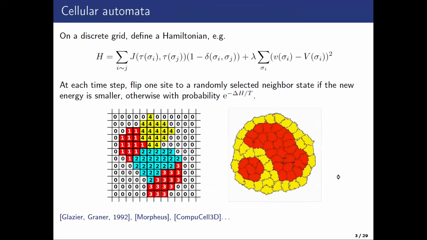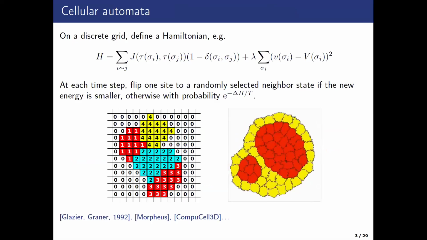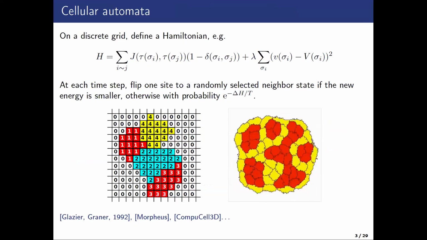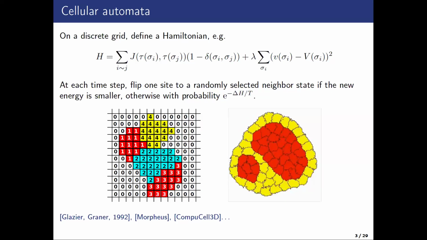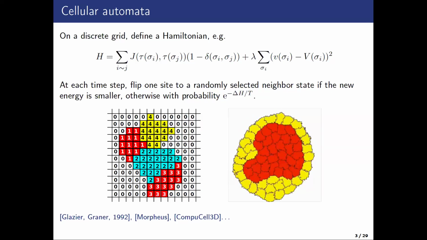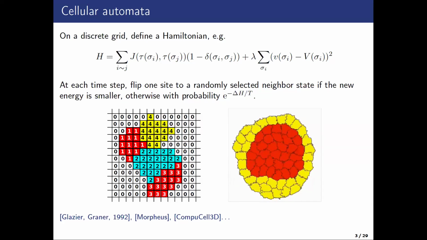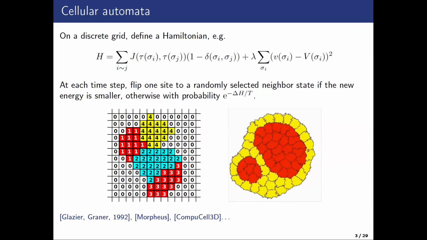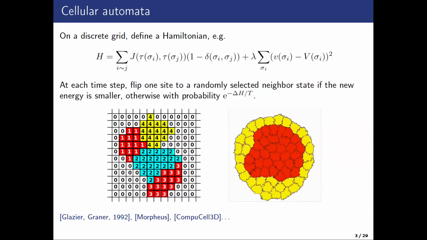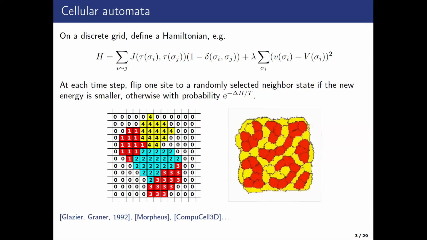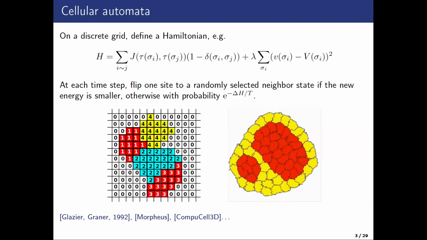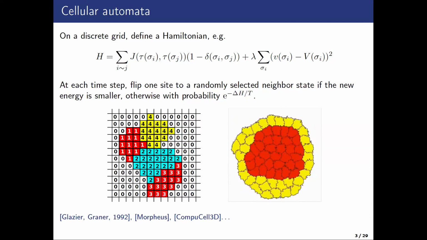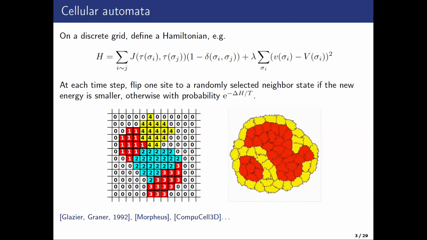Historically, I think in biophysics and computational biology, people started to work with cellular automata. You just take the space here in 2D, but it can be in 3D. You discretize and you say that, in that example, if I have 4 types of cell, 1, 2, 3, and 4, then for each cell grid, you say that it belongs to cell number 1 or cell number 2.